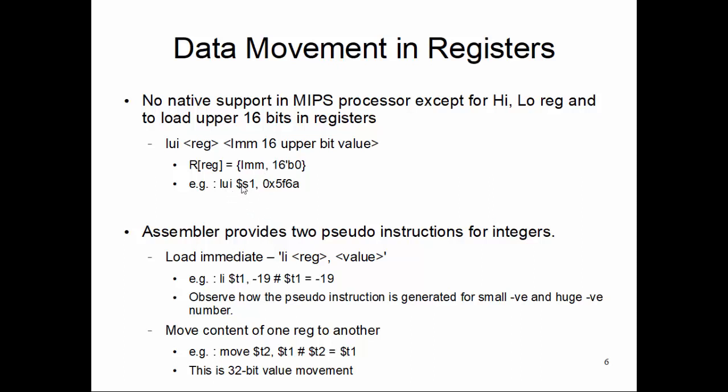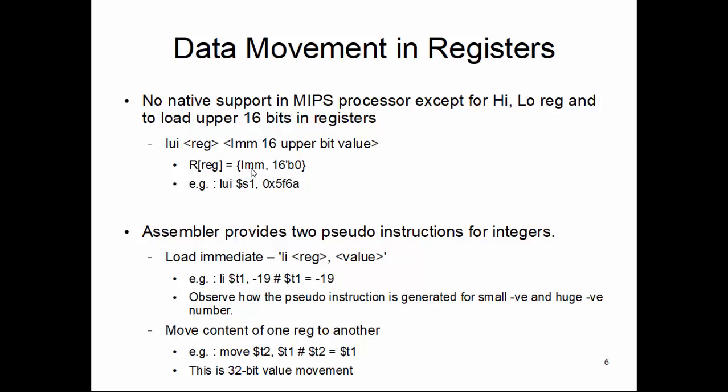For example, lui $s1 and some immediate. It will change the value of $s1 to hex 5F6A0000. Now a little bit on these notations. The curly braces with two parts mean I am concatenating two bit patterns into one bit pattern.